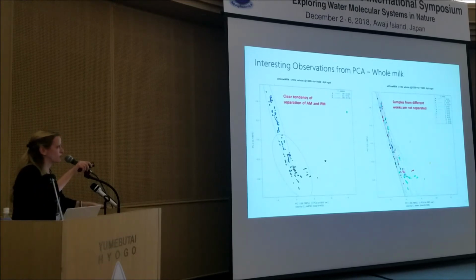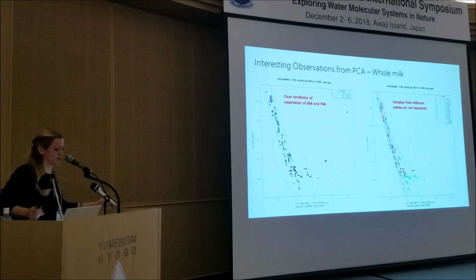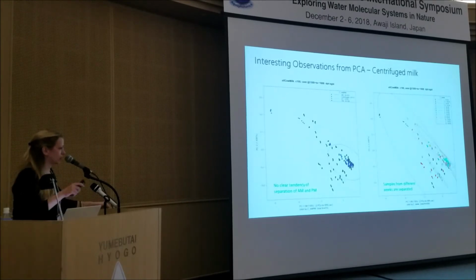And, for example, since we collected this milk during a period of 14 weeks, in whole milk we were not able to observe differences between the weeks, so we could not see the influence of time. But in centrifuged milk, we saw that we don't have this tendency of separation of morning and evening milks, which means that we can build one model for one cow.